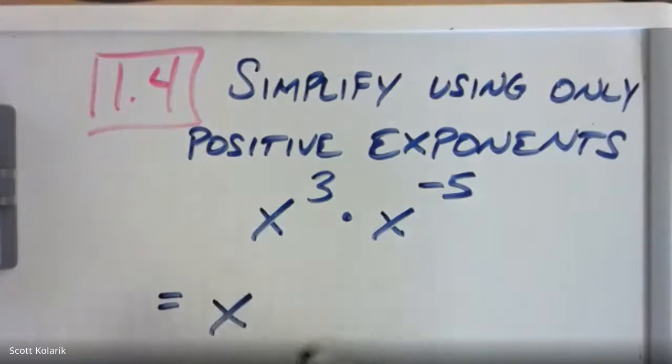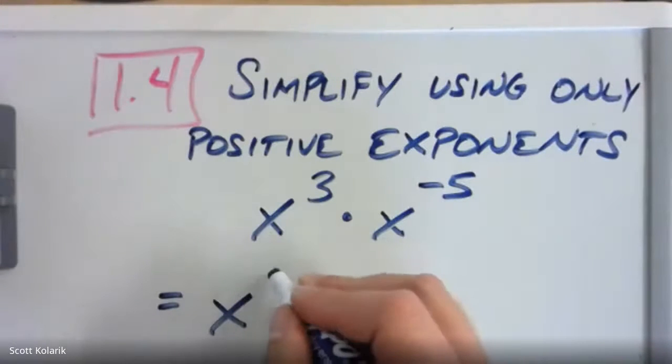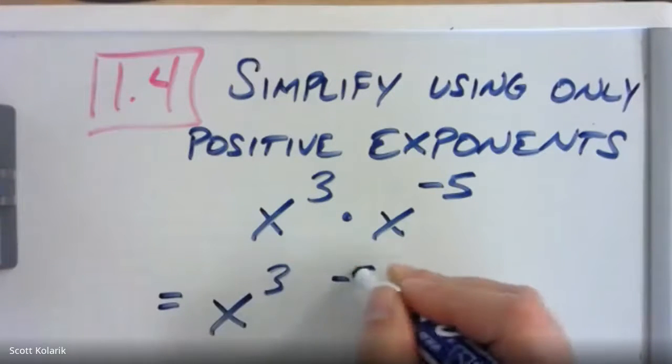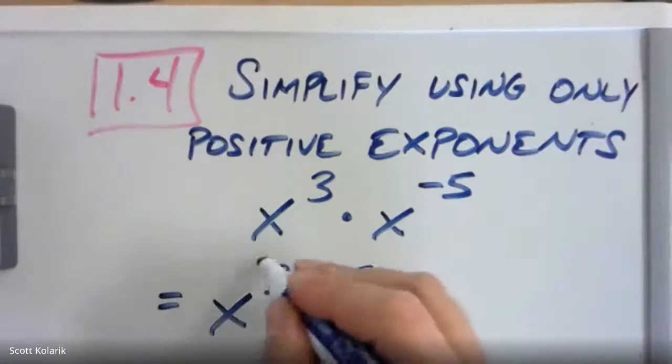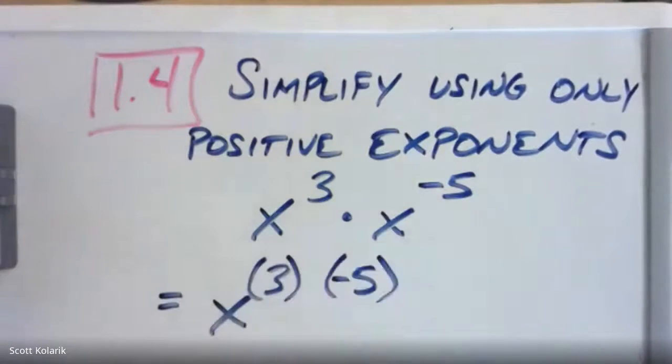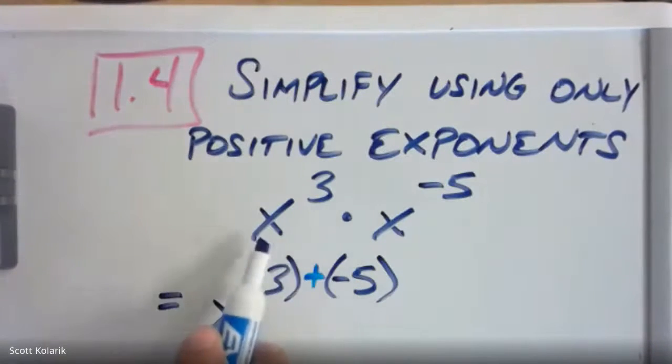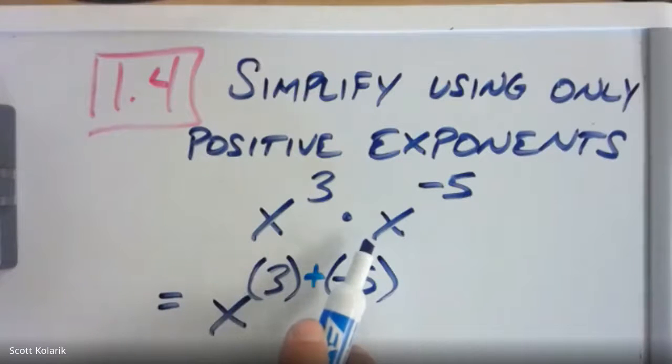And now in my exponents, this 3 and -5, I'm going to add these two values together. Use a different color. There we go. Anytime I multiply common bases, I'm going to be adding the two exponents.